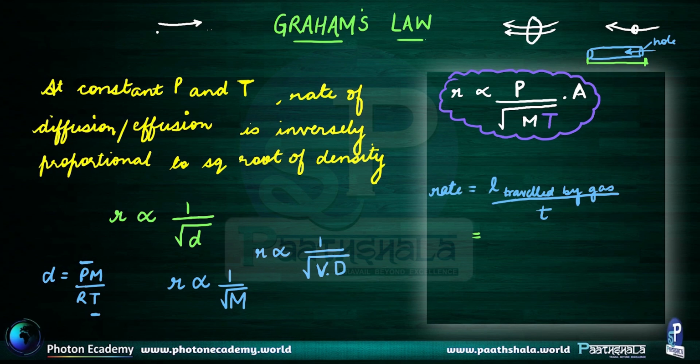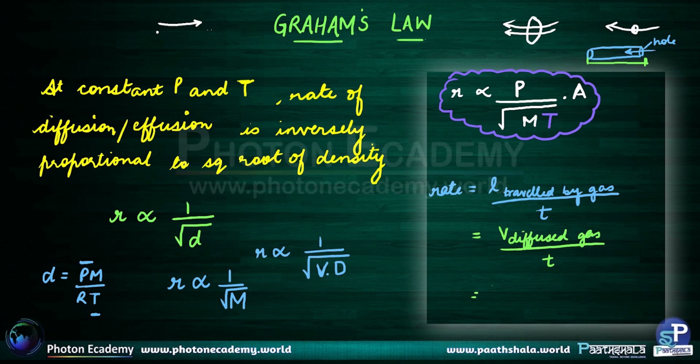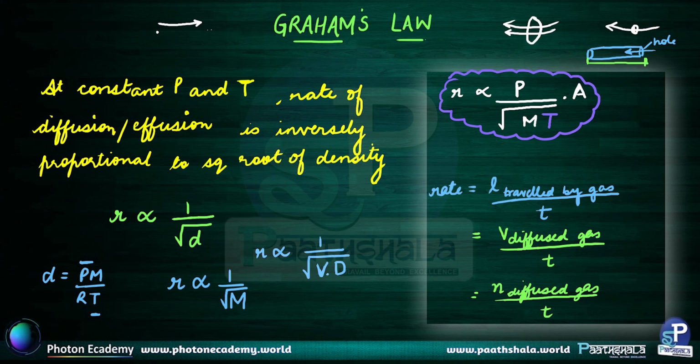Another thing which can be defined as rate is the volume of the diffused gas per unit time, right? Or similarly, the number of moles of the diffused gas per unit time. So these are some important expressions inside this highlighted box, which would be nice to remember and solve questions.